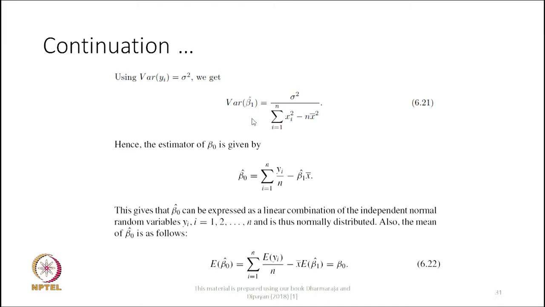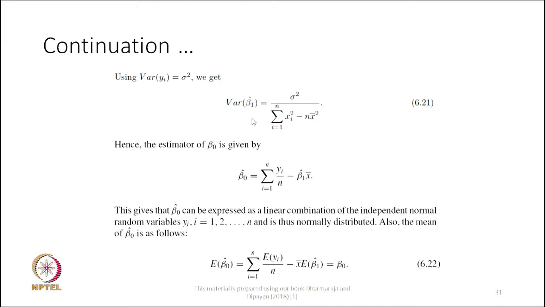Now, we are coming to the estimator of beta naught, and we are simplifying that. We can see that beta naught cap can be expressed as a linear combination of independent normal random variables Yi's. Therefore, that is also going to be normally distributed.